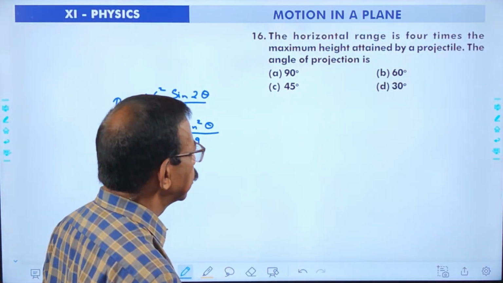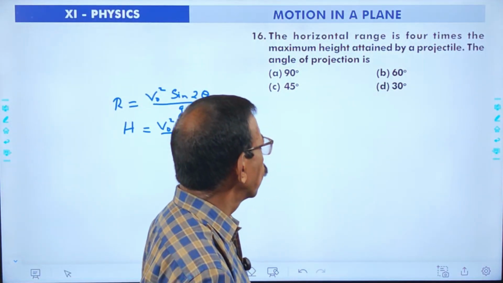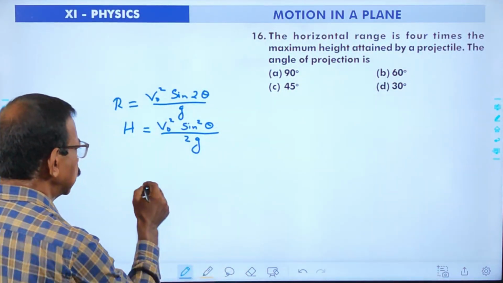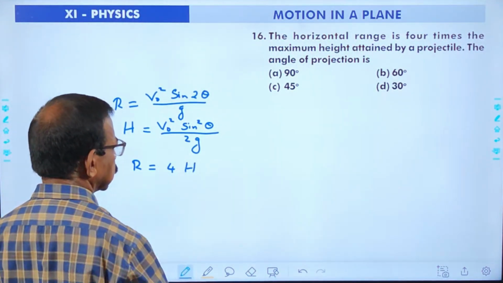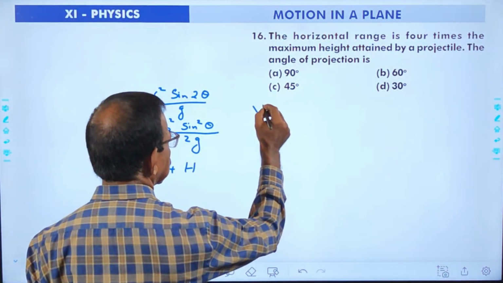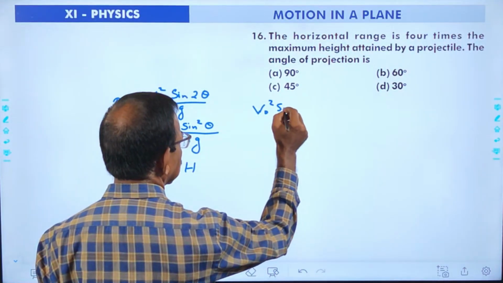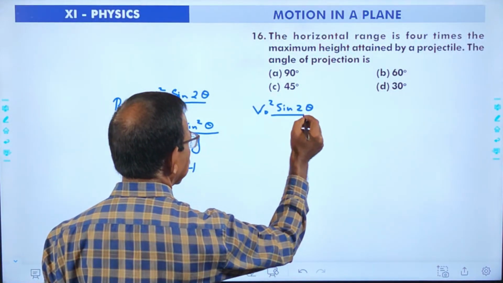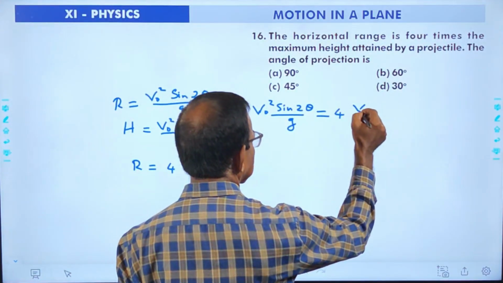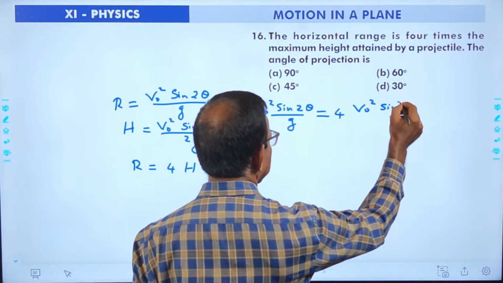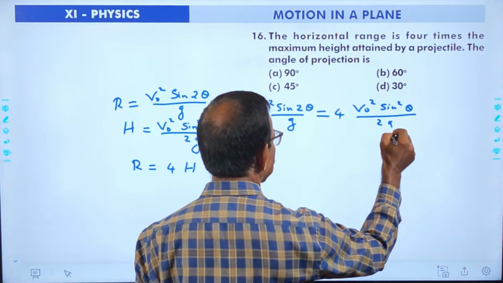In the question it is given that horizontal range is 4 times the maximum height. That is R equals 4 times H. Here R is V0 square sine 2 theta by G, and it is equal to 4 into V0 square sine square theta by 2G.